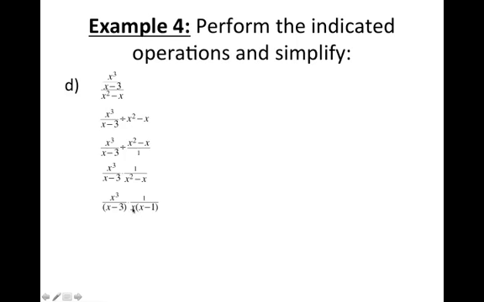All right, so we have a single power of x on the bottom and an x cubed on top, so we can cancel one power of x from the denominator and the numerator. So we'll have x squared over (x minus 3) times 1 over (x minus 1). Everything else is relatively prime, and so we have x squared over (x minus 3) times (x minus 1).